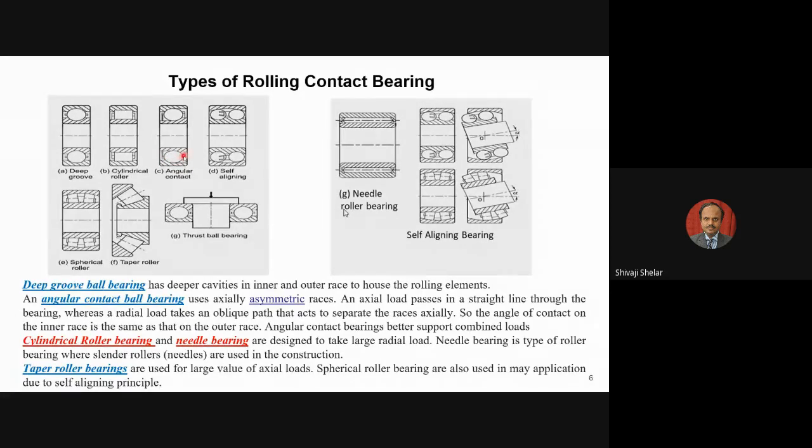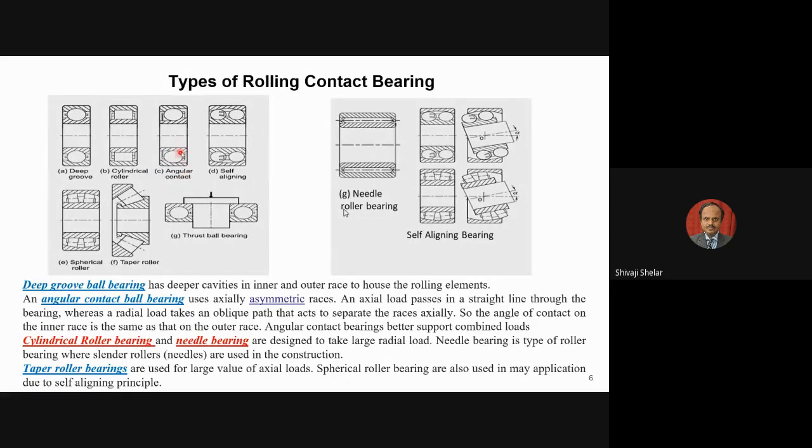So why is it called angular contact bearing? When you mount your ball, the reaction here is normal, that is in this direction. The reaction here is also normal, the reaction offered by this. But in this case, the reaction offered to this rolling element is angular in nature. So the reaction here is angular, and that's why it is called angular contact bearing.